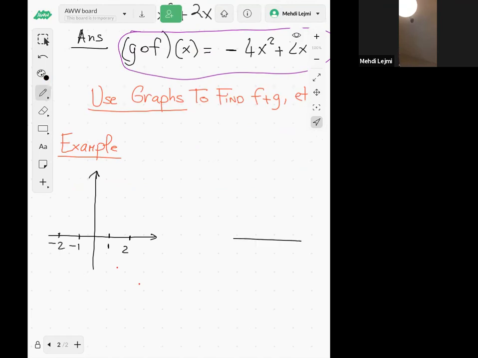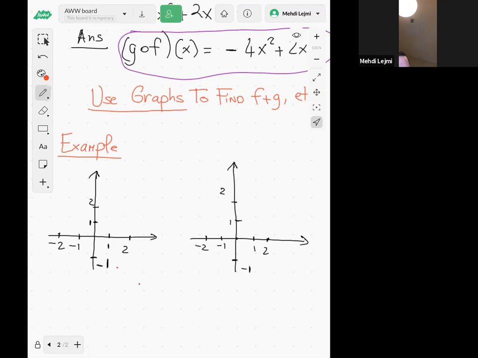And here I have my function g. I'm going to need -2, -1, 0, of course, and then 1 and 2. And I'm going to need 1 and 2 here, and -1 here, and the same here. Anyway, let's say the graph of f is the following.